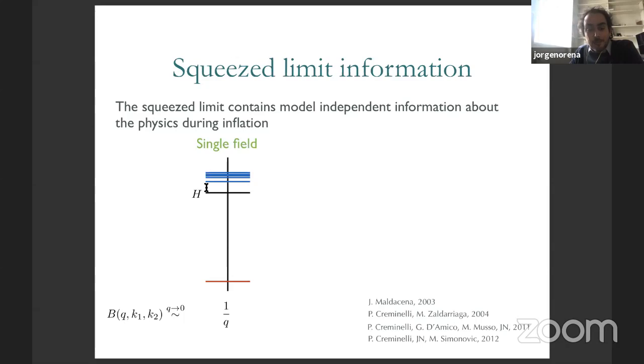So if I have a single field inflation model, I don't care about which Lagrangian, which potential you gave the single field, which crazy theory you are looking at, as long as it's a single field inflation model, excluding some pathological examples such as ultra slow roll inflation. If I have a single inflaton field, meaning a single light degree of freedom active during inflation, with energy much smaller than the energy scale of inflation, which is given by H, then the spectrum should go in this way.